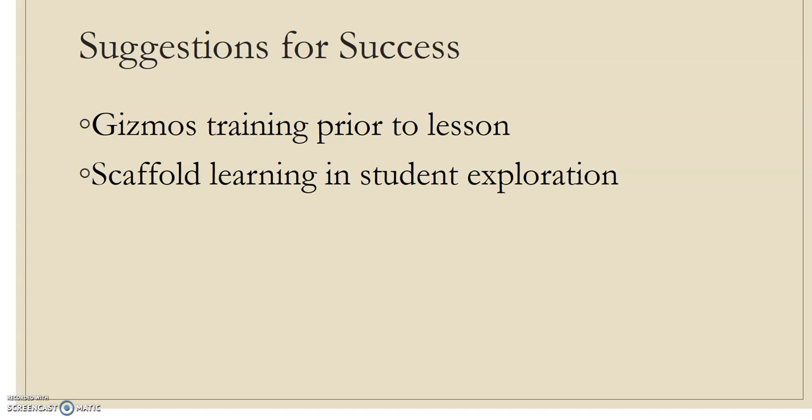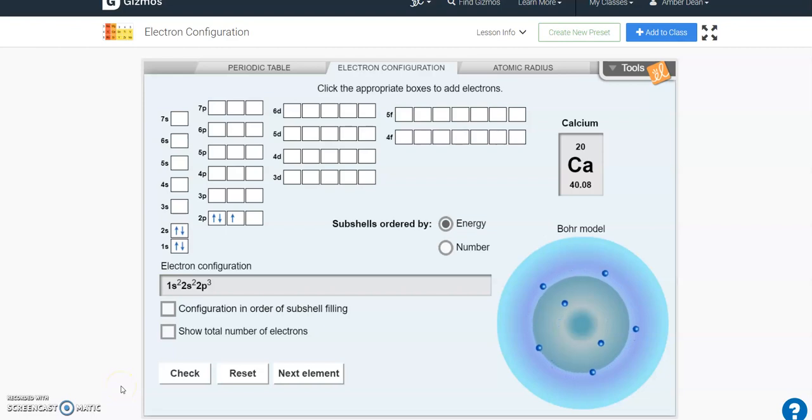It is designed to be challenging because of the inquiry-based approach, so some students may need more structure and guidance in that template, as well as scaffolding the learning and making sure that students know how to navigate through Gizmos. It's also important that students know in that navigation where external tools can be found. This will definitely help struggling learners.